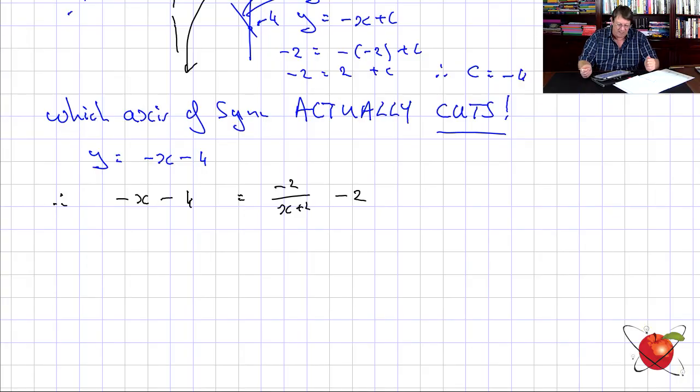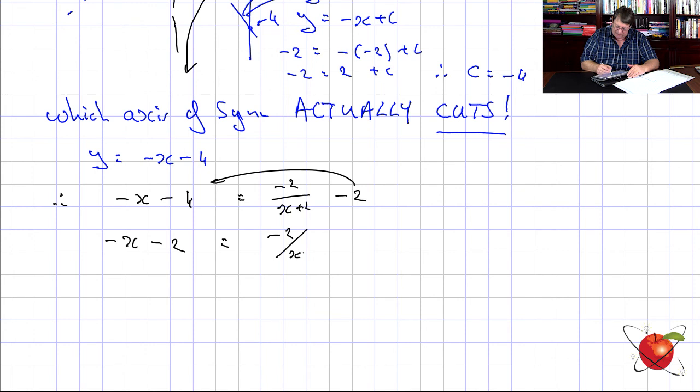And I do apologize, I know time is going, but we're almost done with this one. What do I do? I get the x's together. Take the 2 over. It's minus x. This 2 goes over there. And I end up with plus 2 minus 2 equal to minus 2 over x plus 2. Then what do I do?